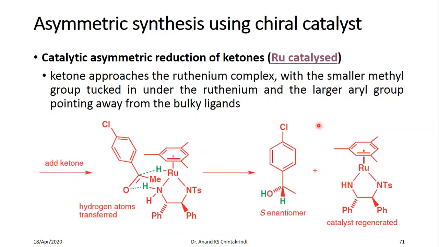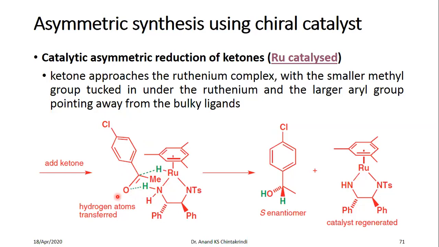Now, the ketone approaches in such a manner that the smaller methyl group is tucked in under the ruthenium. Again, the larger group is oriented away from this. This may not be equivalent to a cyclohexane structure, but this is another conformation of the cyclohexane type structure. The earlier case was a chair conformation.